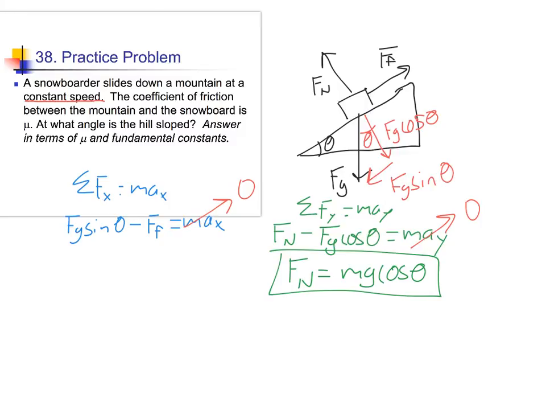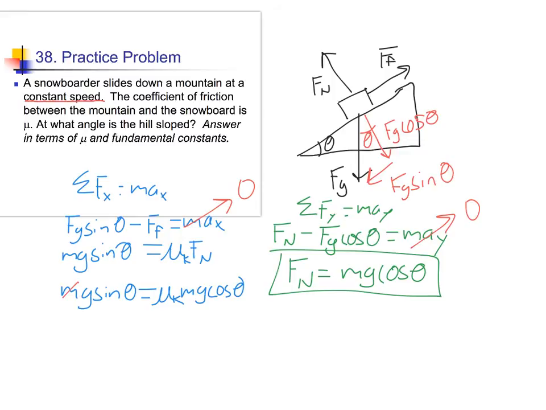So I can say that mg sine of theta is equal to my force of friction, which is simply mu times my normal force. I'll substitute in for my normal force that I just found using my may. And so we can say that mg sine of theta equals mu times mg cosine of theta.